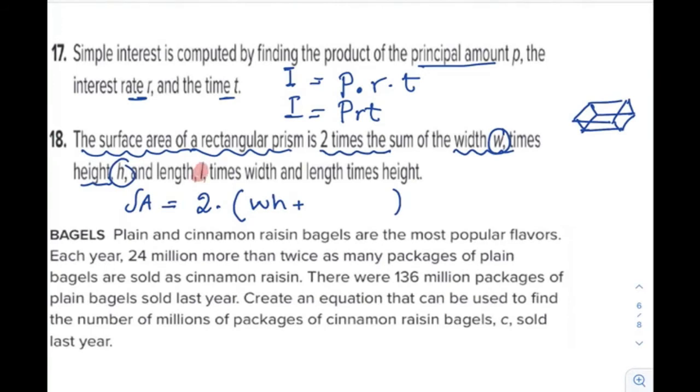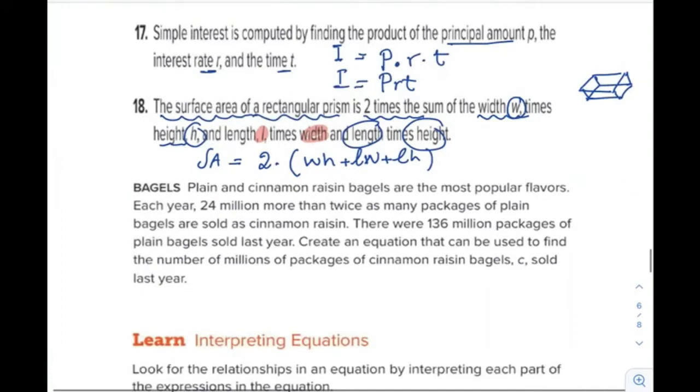Length times width, so L times W, plus length times height, so L times H. It's a big, long formula, and we can use it later to find the surface area of the rectangular prism.